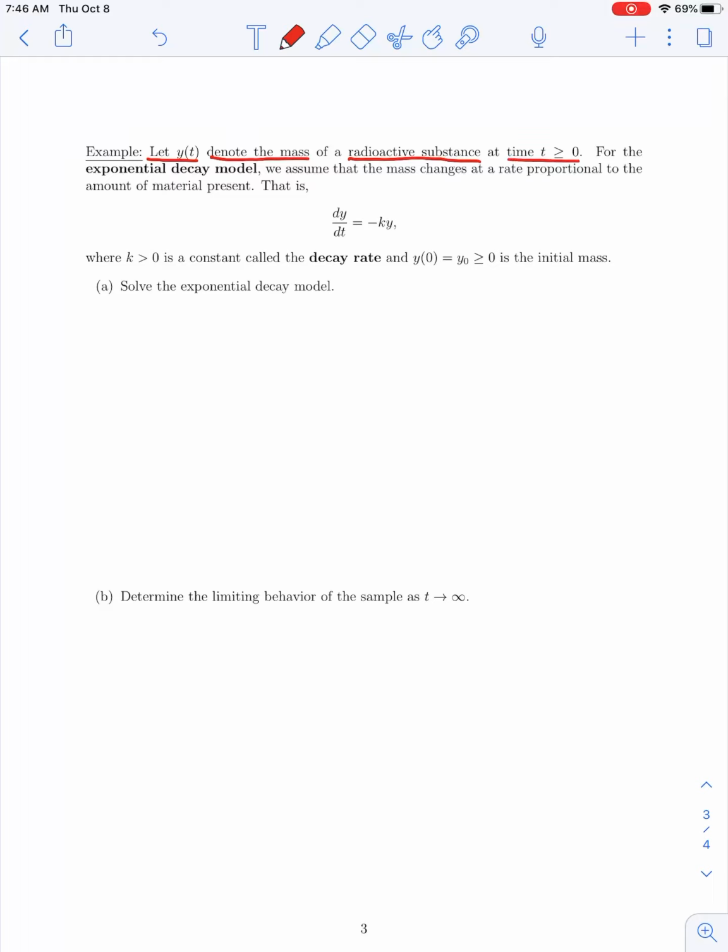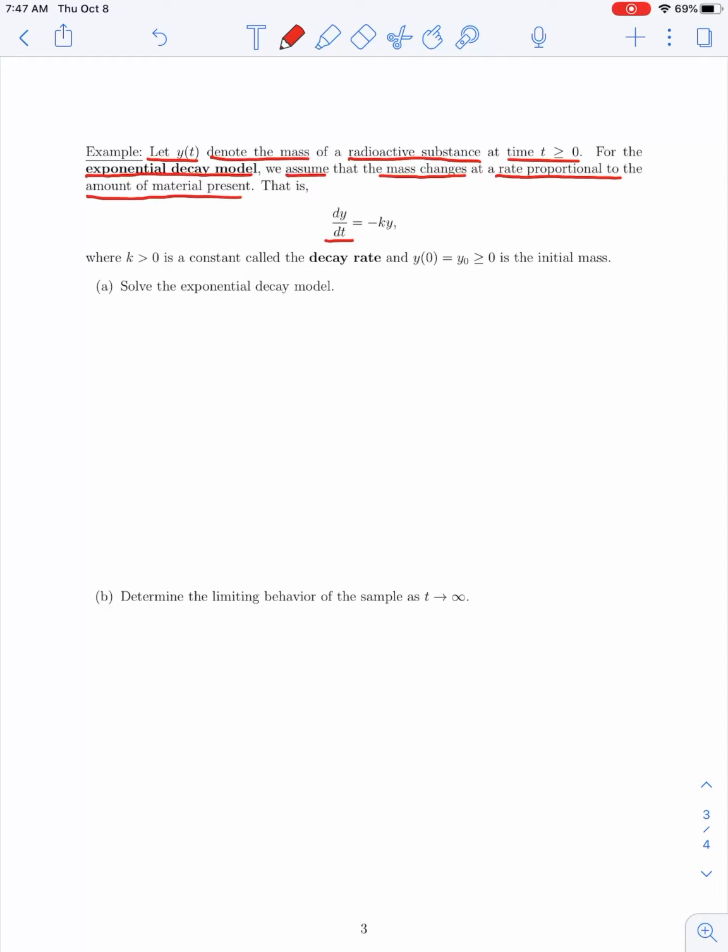So for the exponential decay model, we will assume that the mass is changing at a rate proportional to the amount of material present, or the current mass.